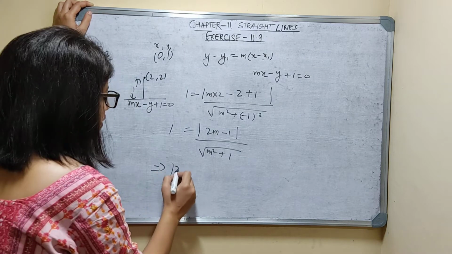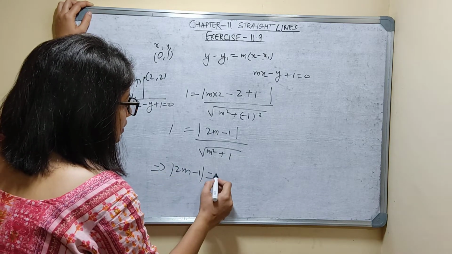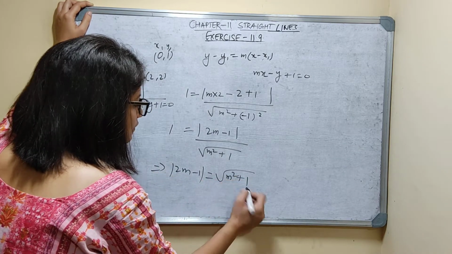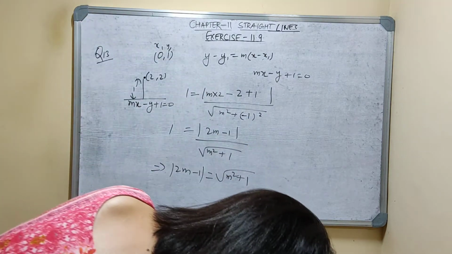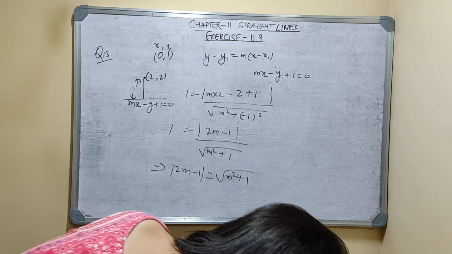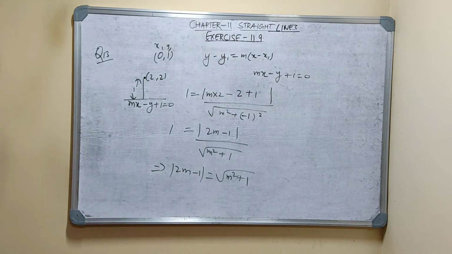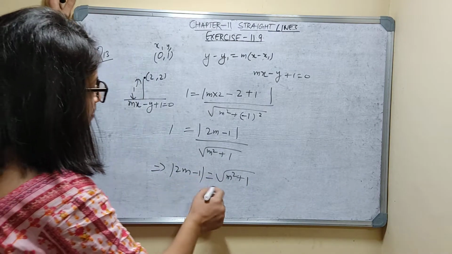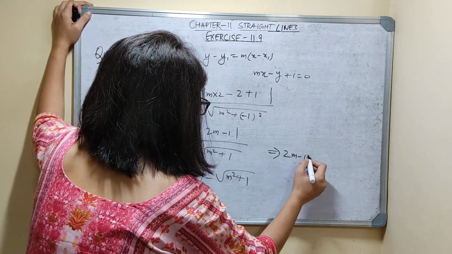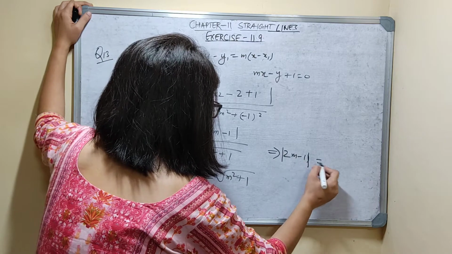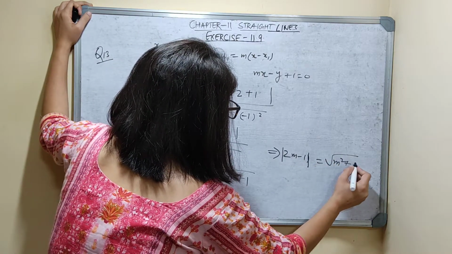So mod of 2m minus 1 is equal to root of m square plus 1.